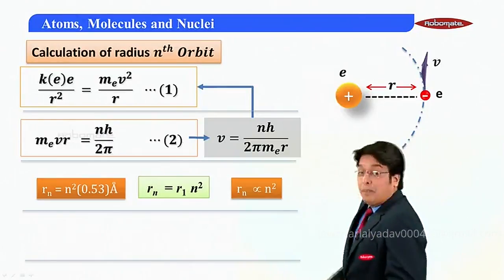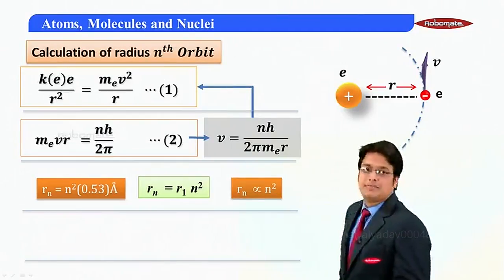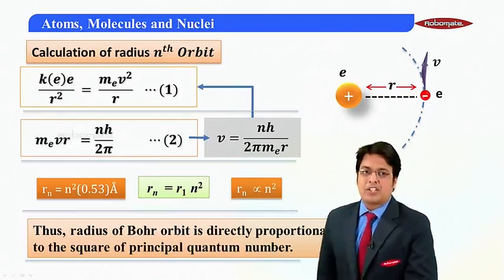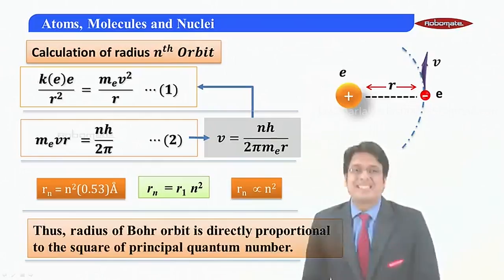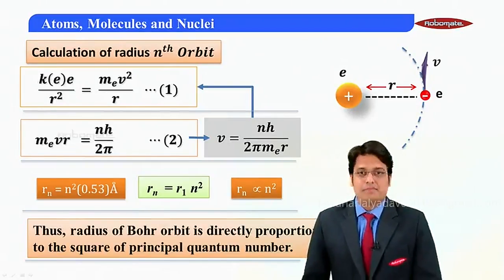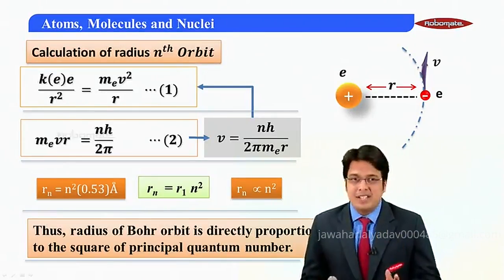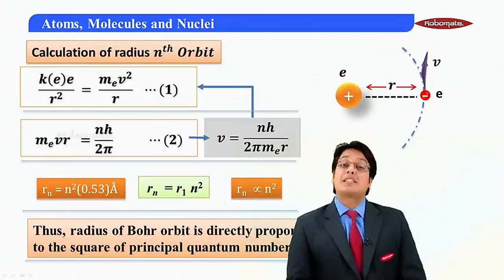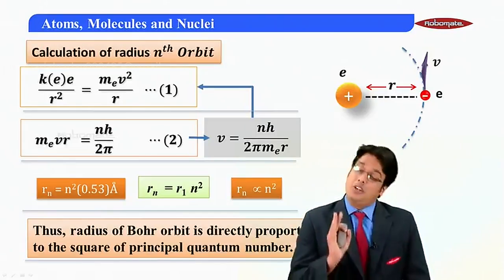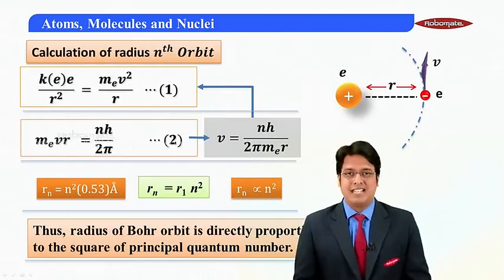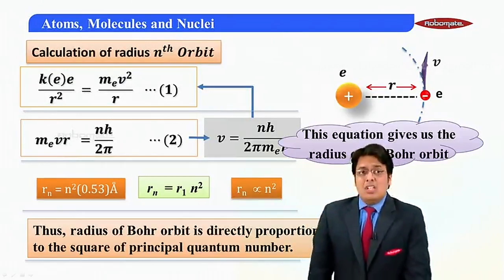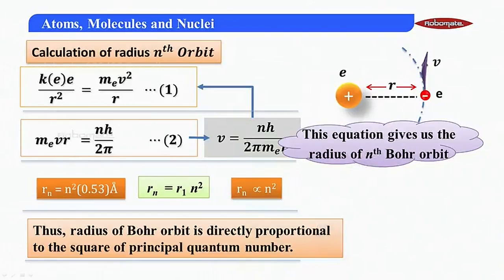Thus the radius of the Bohr orbit is directly proportional to the square of the principal quantum number. Very easy. Please remember this formula. It's a little bit big, but it can be managed. This equation gives the radius of the nth Bohr orbit.